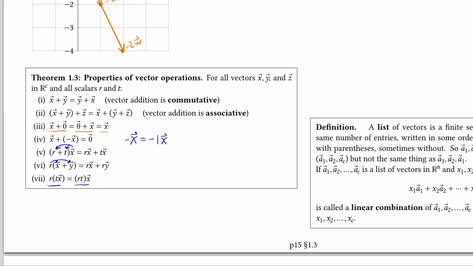All right, so each of these is true because the operations that we're describing, when we add up two vectors or multiply a vector by a scalar, there are real numbers involved everywhere, and these are all familiar properties with real numbers.